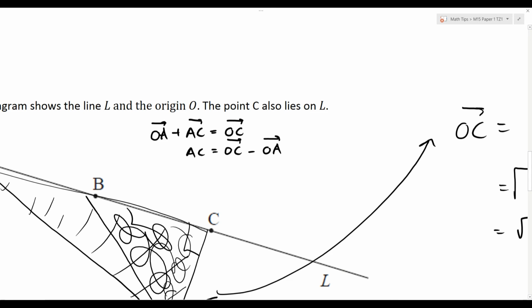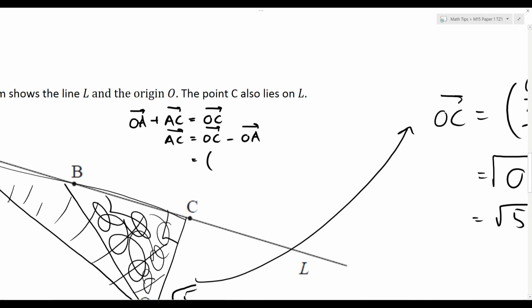So what we're going to get is simply OC, which is 0, 2, minus 1, minus our OA, which was 2, 4, 3, if I did not remember wrong.